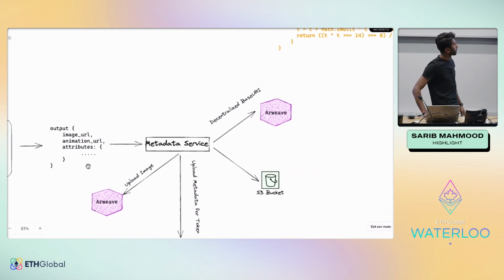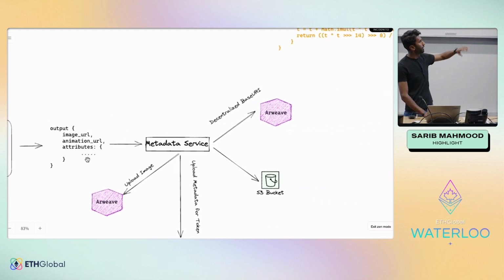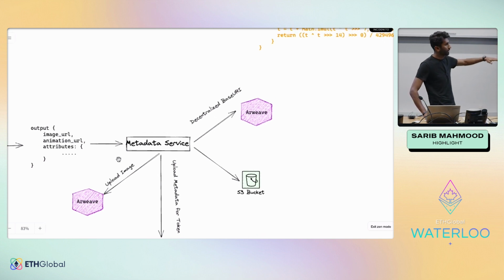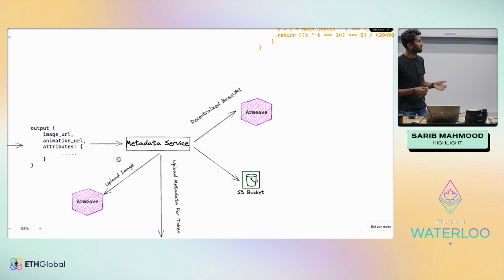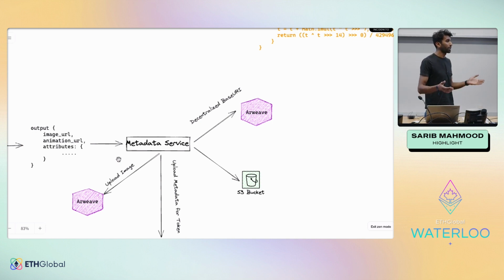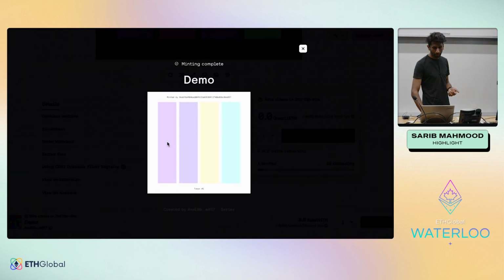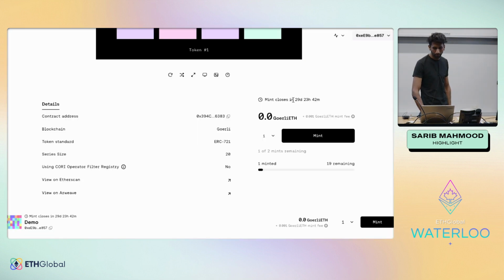At this point, we take these attributes, upload them to Arweave for decentralization, and then we also upload them to S3. We do a dual upload because we want to keep updating the tokens, but anyone can verify that the values on chain stay on chain, and nothing from the centralized server changes anything. So you can verify the metadata of the token anytime.